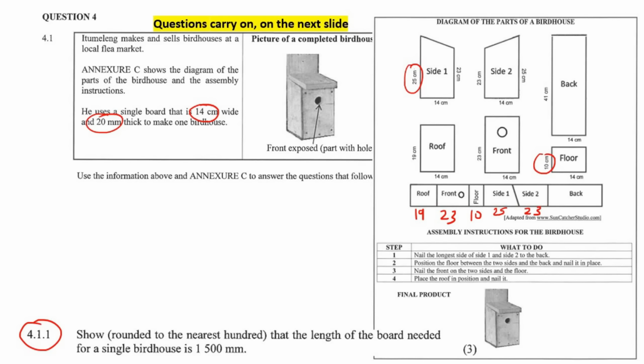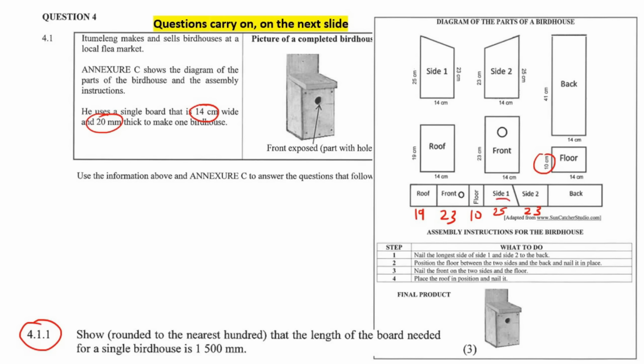Whereas I was just going to cut 25 and then another 25. But because it's all one part over here, if you think about it carefully, you don't need to cut a 25 and a 25. You actually just need a 25 and then a 23. And if you measured it on this side over here, it would be a 23 and a 25. But it's still the same amount of wood that you need.